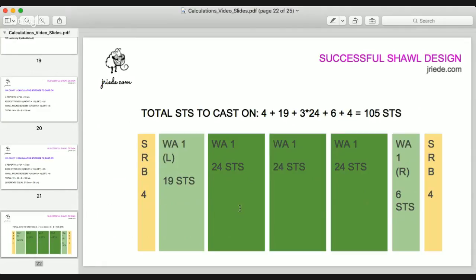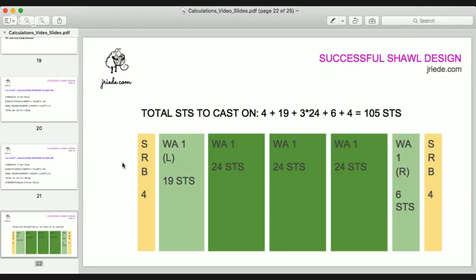Remember, we are working 3 repeats in this case, and we have 105 stitches total, which means we have our small round border, then our side stitches on the right side, then we work 1, 2, 3 repeats of the section outlined in black, and then we have our left side, and then a small round border again.